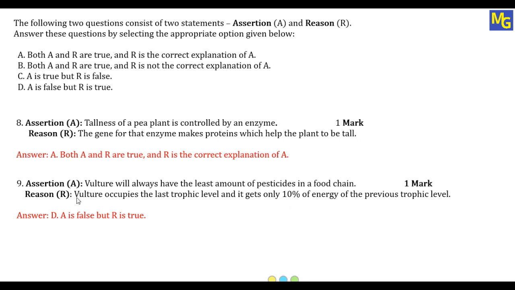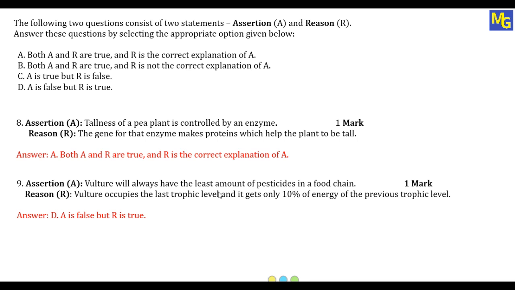But if you see the assertion, they are saying vulture will have least amount of pesticides. It is nothing but a biomagnification related sentence. What is biomagnification? The deposition of pesticides or harmful chemicals into the organism, and this deposition will be highest in the higher level of organism or tropic level.